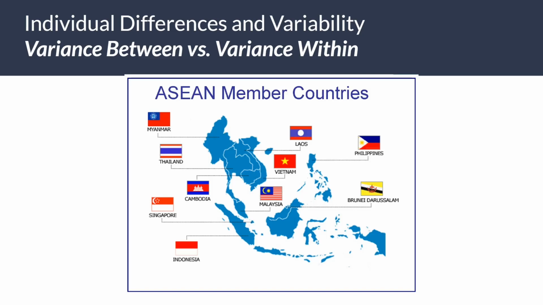Let me restate it again. In statistics and in research, we want to have a high variance between, but low variance within. In other words, we want the differences to be coming from the groupings and not from the individual differences, because individual differences is an extraneous variable in research.